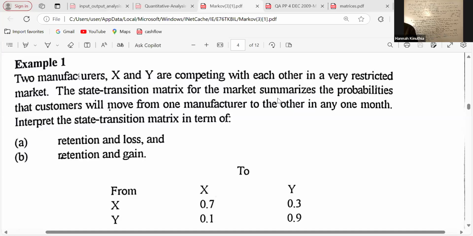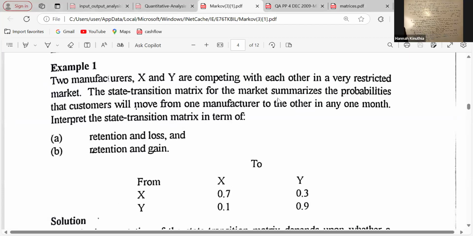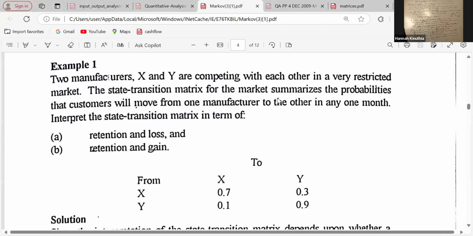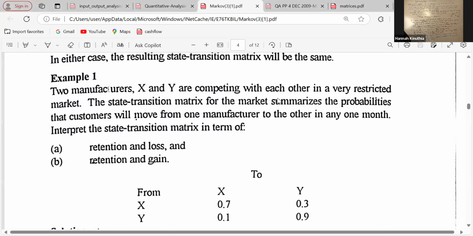Two manufacturers X and Y are competing with each other in a very restricted market. The state transition matrix of the market summarizes the probabilities that customers will move from one manufacturer to the other in any 1 month. Interpret the state transition matrix in terms of retention and loss and retention and gain.